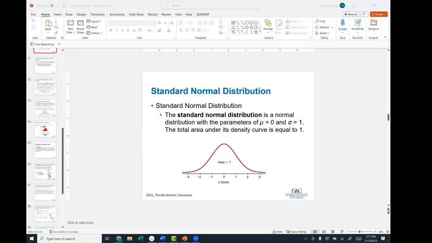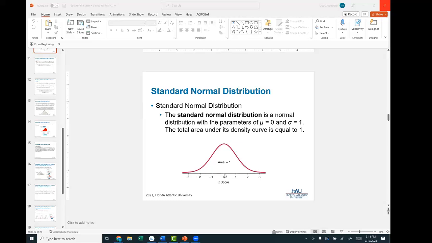So now we're going to talk about standard normal distribution. And that's like we were talking about uniform distribution. So the standard normal distribution is a normal distribution with the parameters of mu equals 0. So notice that's right here in the middle.